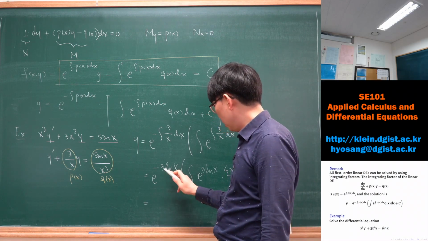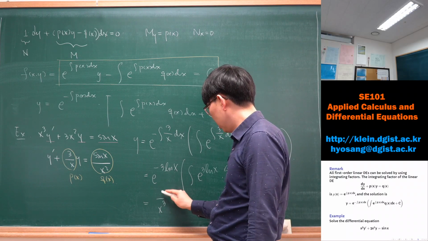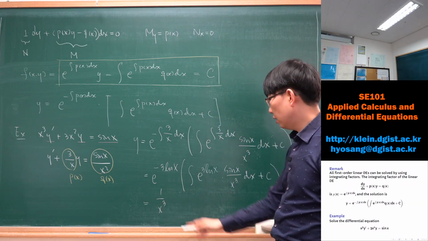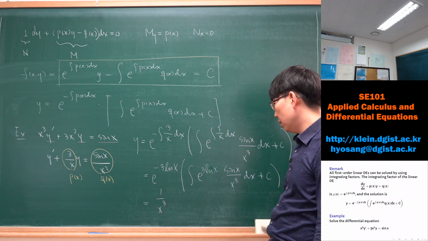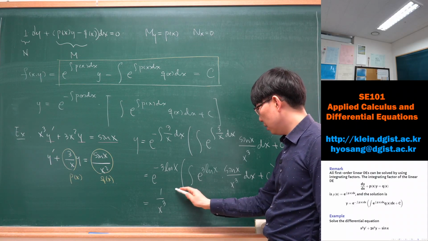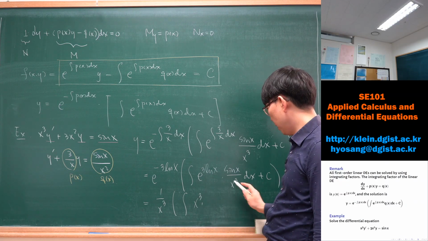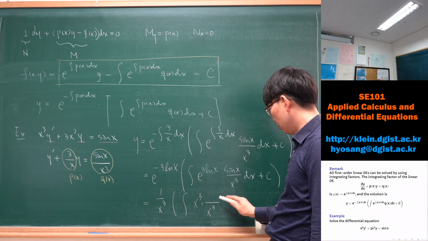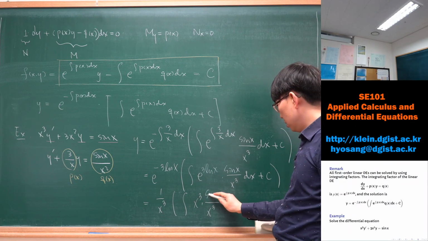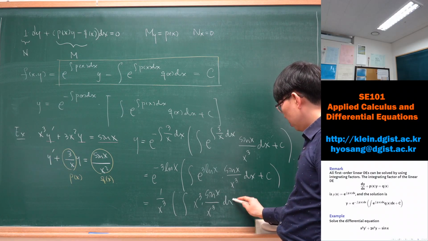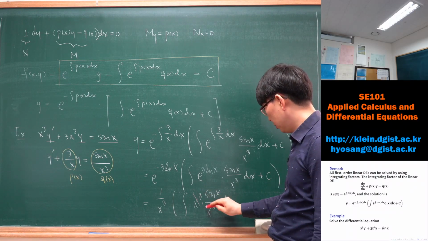So here we have 1 over x cubed if you delete e and log. And this part becomes x cubed, and this will cancel out with the denominator. So we simply have sine x.